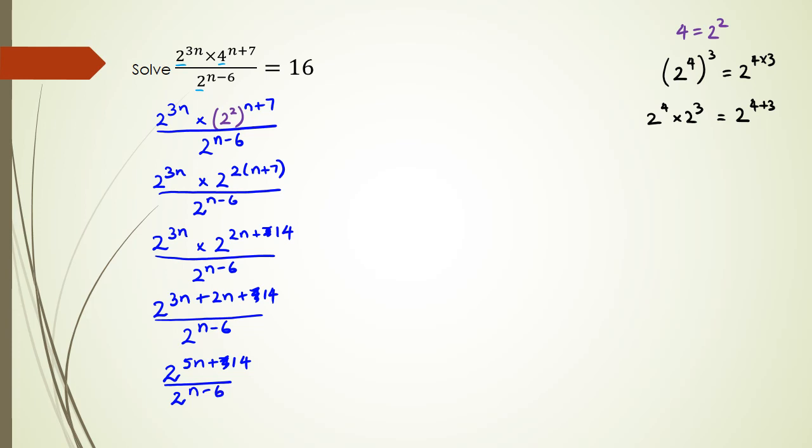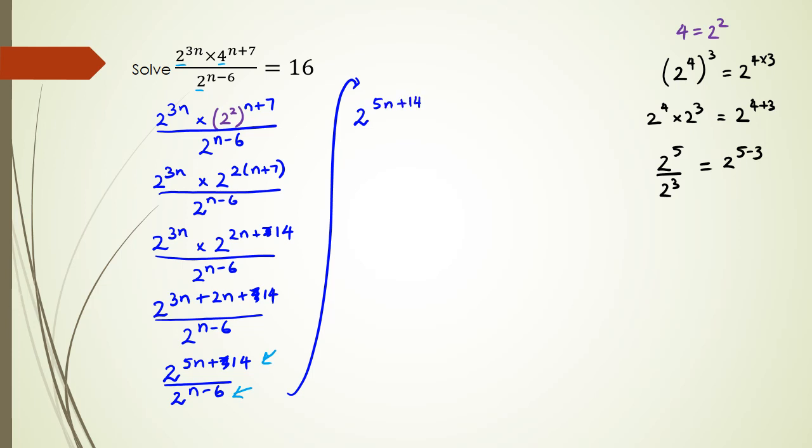The other thing you know about division of exponents is that 2 to the power of 5 over 2 to the power of 3 can be written as 2 to the power of 5 minus 3. So that's what I'm going to do here: that power minus that power in the next line. It's going to look something like this: 2 to the power of 5n plus 14 minus n minus 6.